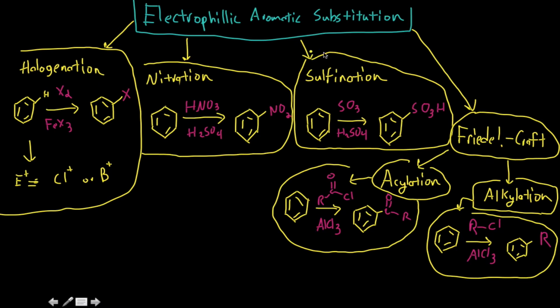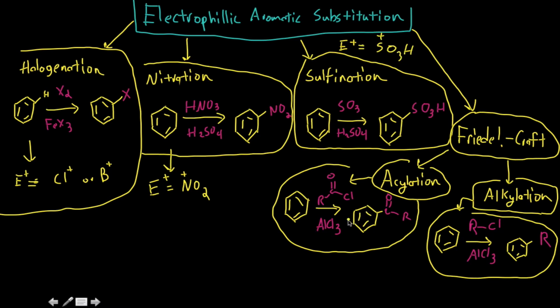There's halogenation, nitration, sulfonation, Friedel-Crafts acylation, and Friedel-Crafts alkylation. And then I'll go ahead and label the electrophile in this group, and in this one, the electrophile is NO2 plus. For sulfonation, my electrophile is SO3H plus.